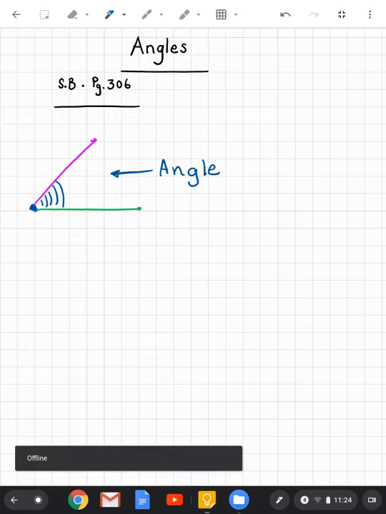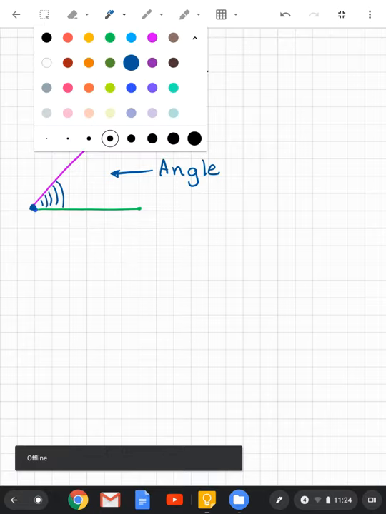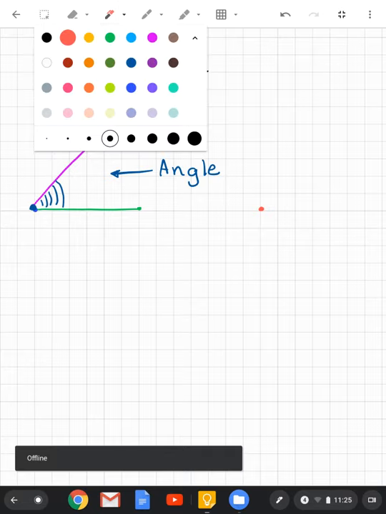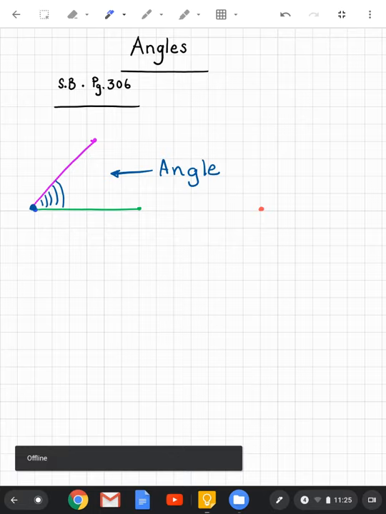Or if I have two rays, for example, here we have the start point, this is the first ray, and this is the second ray.